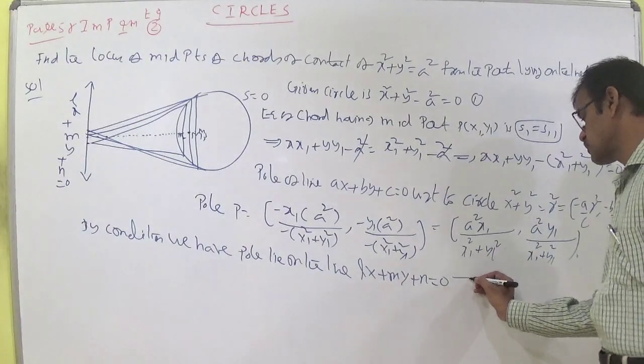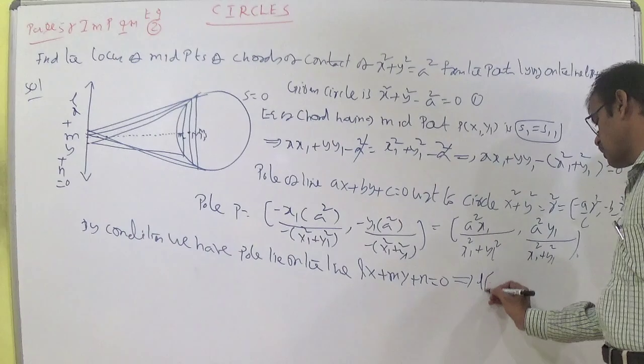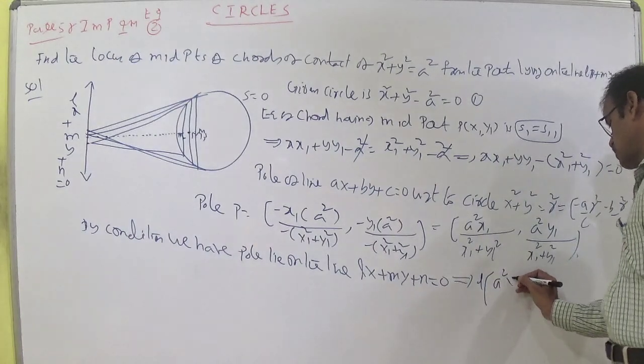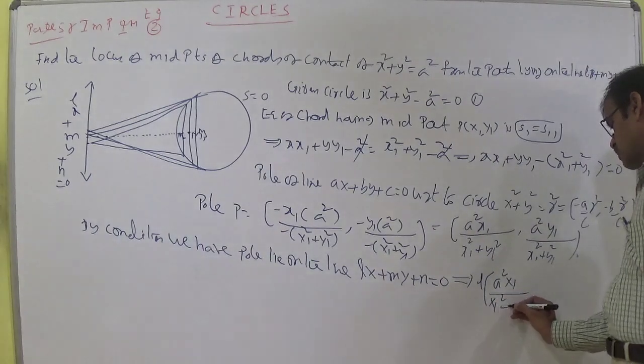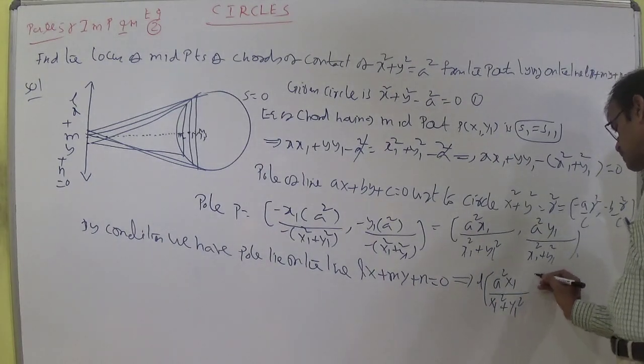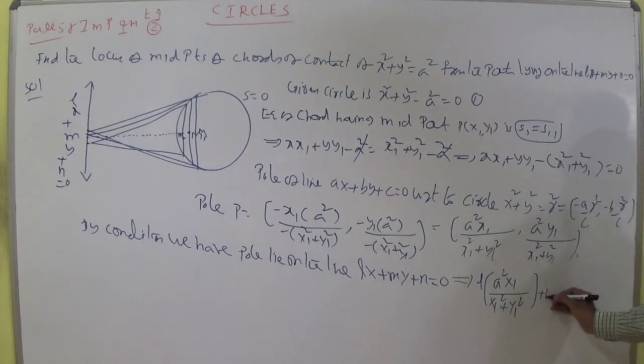That implies now we should substitute the x1, y1 values instead of x, y here. a square x1 by x1 square plus y1 square plus m into a square y1 by x1 square plus y1 square plus n is equal to 0.